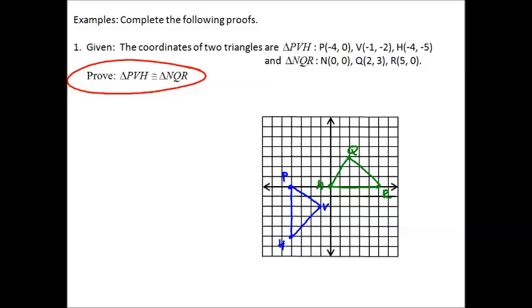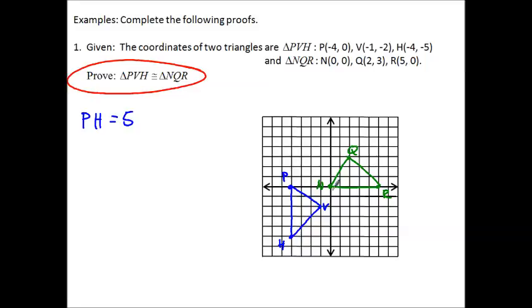Let's go ahead and do that, and let's start with the easiest side that we have here, the side PH. We just have to count how many steps we go down, so that's actually 5. So PH is equal to 5. Now which side is similar from the looks to PH? I would say that would be NR.